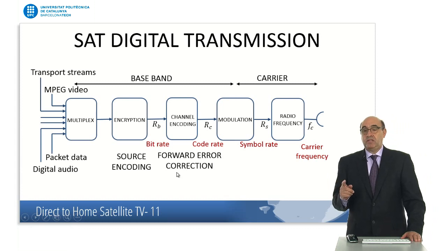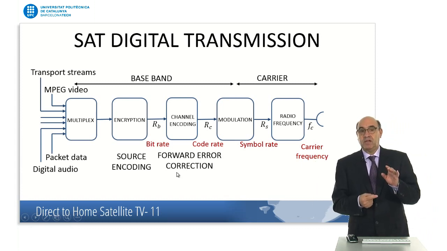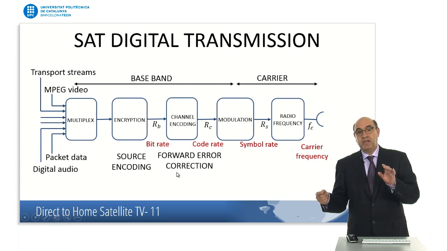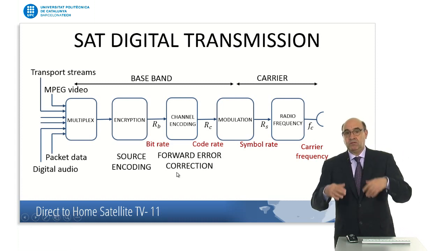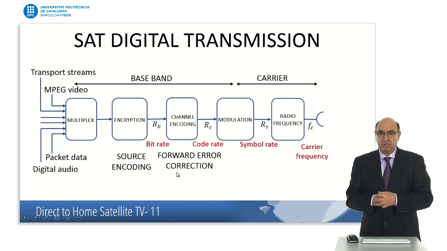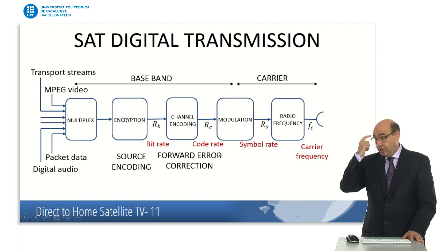In some other cases, what is possible is to have a return channel by which, when the receiver has errors, it asks the transmitter to resend the data. But in this case, we all the time have to do forward error correction. And now the output of the encoder is just the code rate.